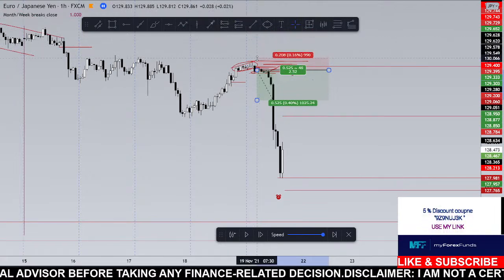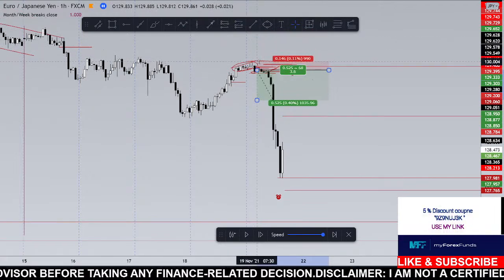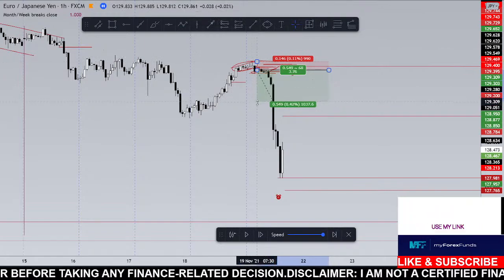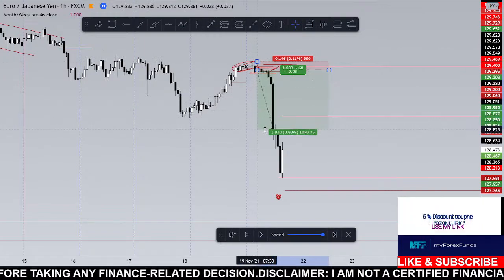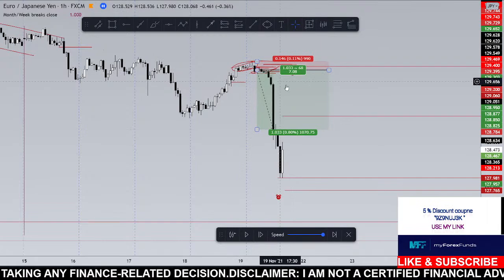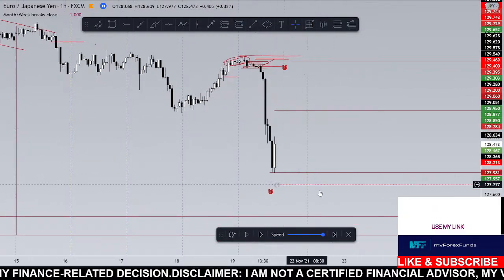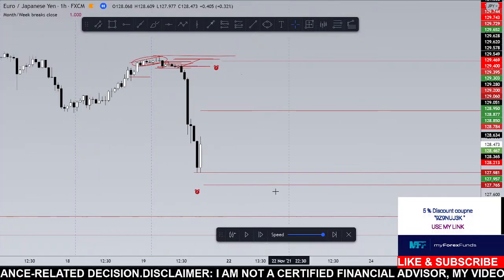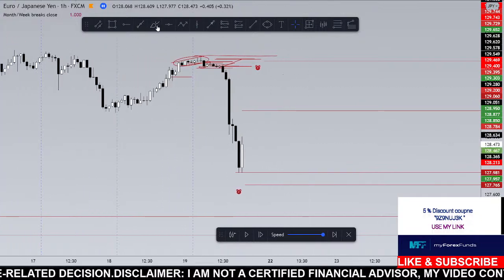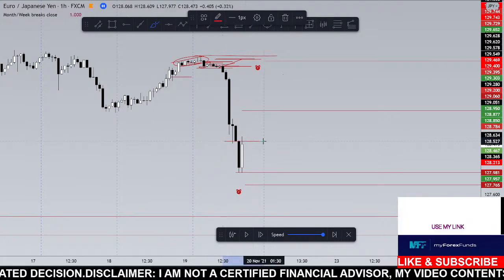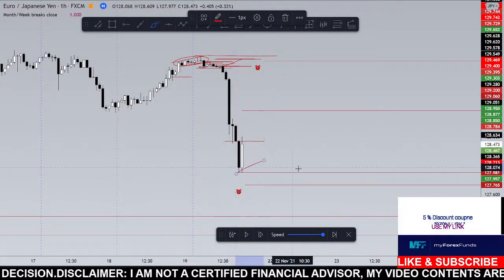I had a 15 pip SL, very small, and I had like a 7% move. You can see that I had a 7% move in this pair. It was a nice drop. So now when it breaks this low, it just retraces.